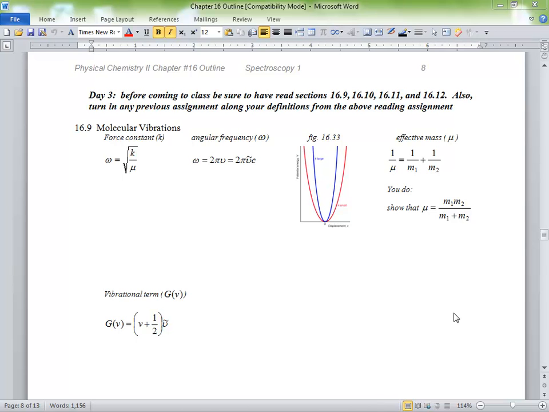And to make a proportionality sign an equal sign, you have to put in a constant. Well, that constant is called the force constant. So the bigger K is, what influence would that have on your spring? Just imagine a huge K.